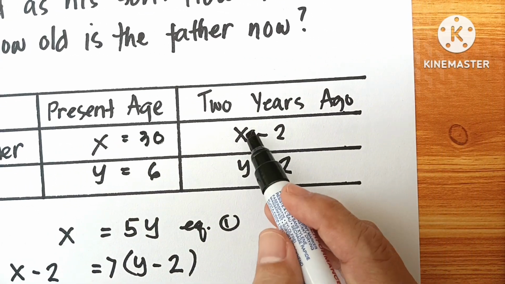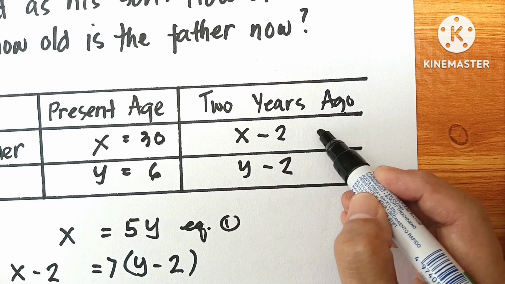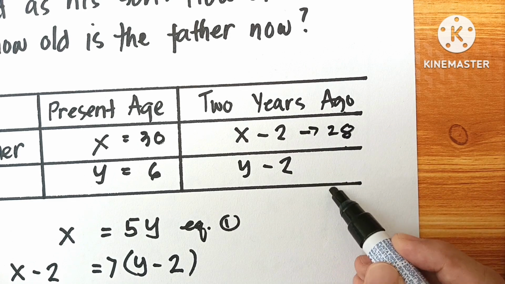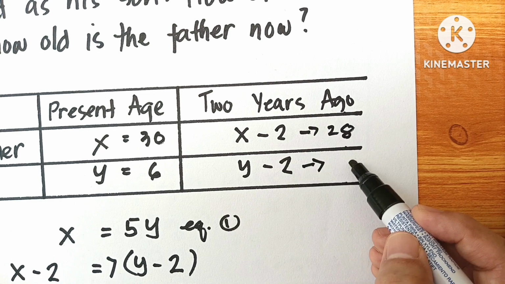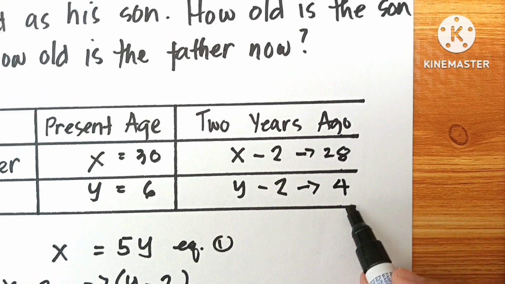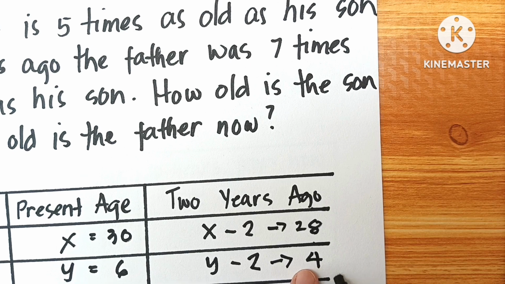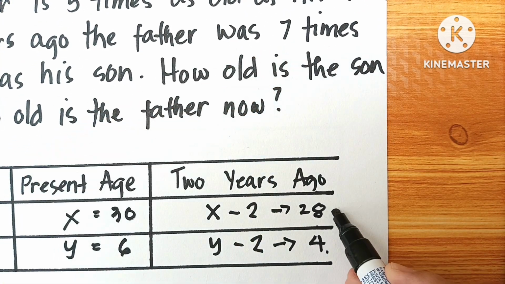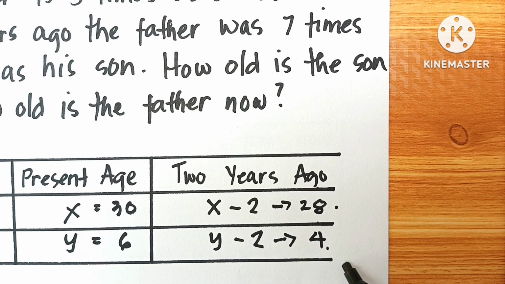So the age of the father 2 years ago would have been 30 minus 2 equals 28, no? And the age of the son would have been 6 minus 2, or 4. Notice that the age of the father is 7 times as old as the son, no? So tama yung sagot natin, okay?